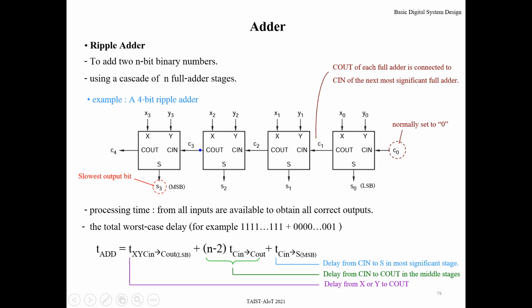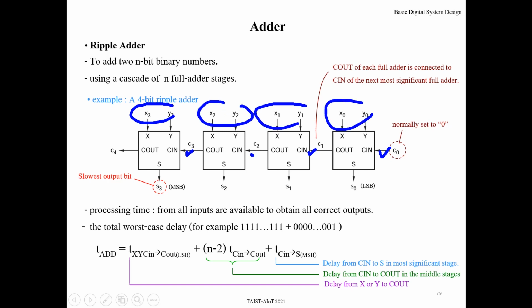That means if you can calculate the value of carry in from your original input, it may be able to make the circuit faster to show the result.